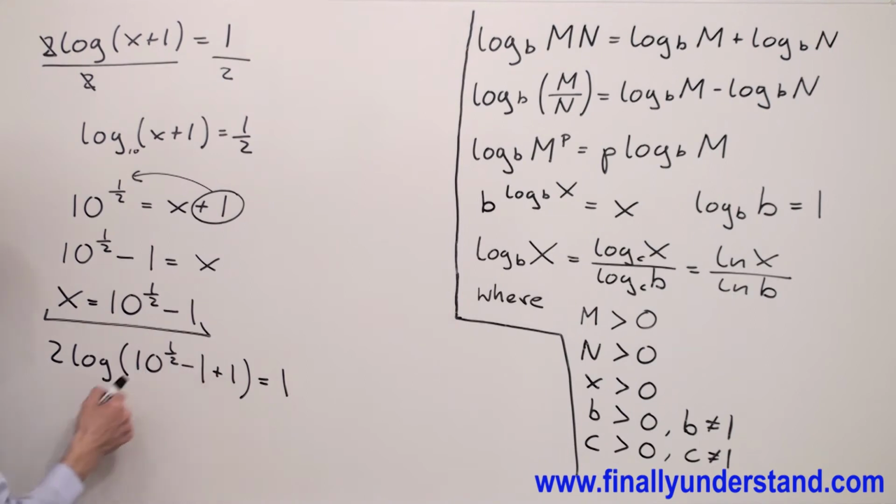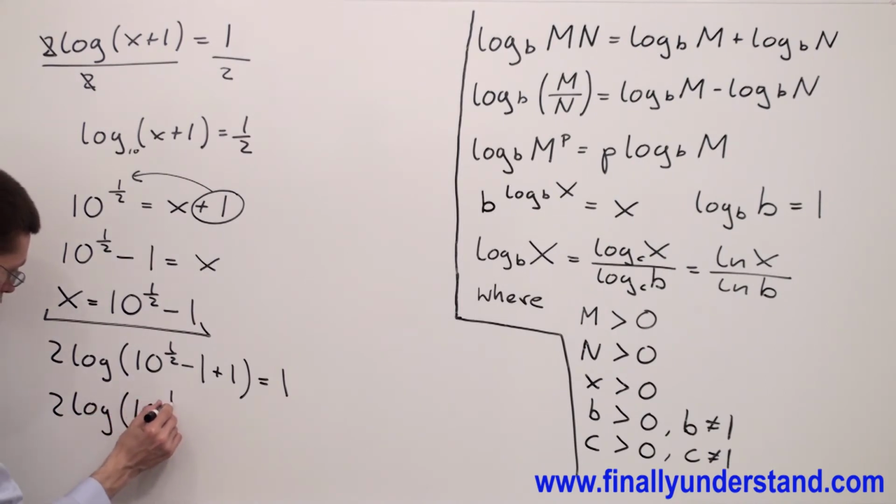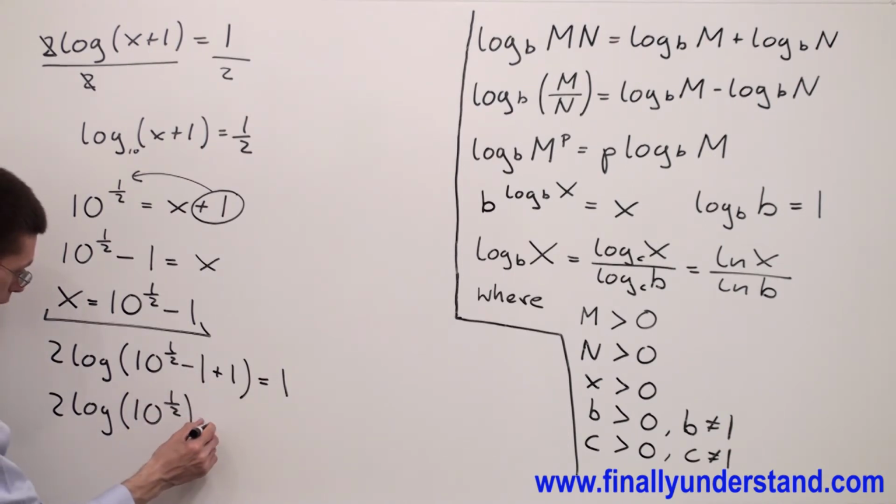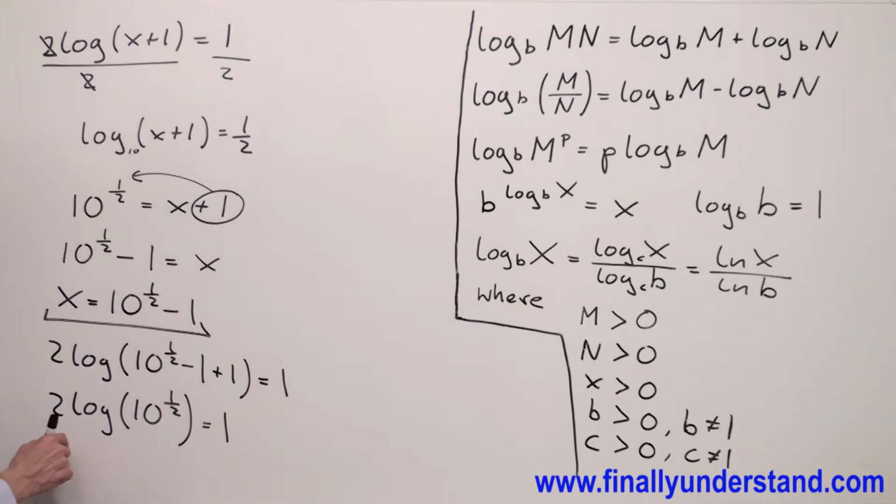Negative 1 plus 1 is equal to 0. And I'm going to have 2 log 10 to the 1/2. Because negative 1 plus 1 is 0, I don't write it. Equals 1. Next I'm supposed to use the property for the log of a power.